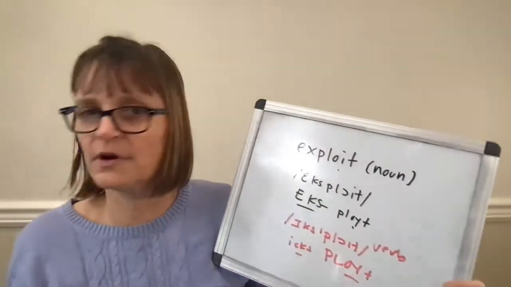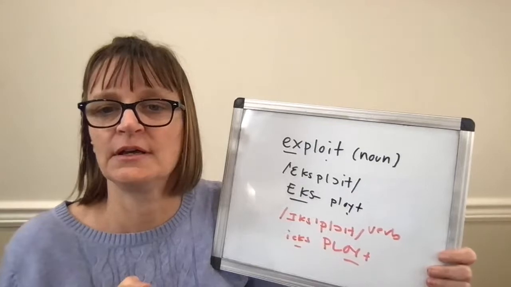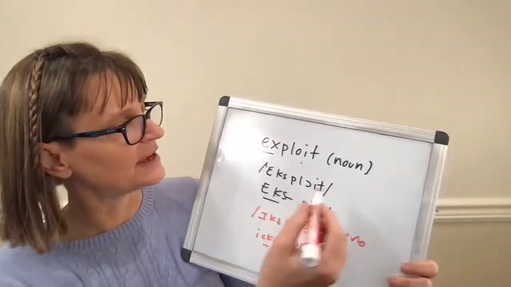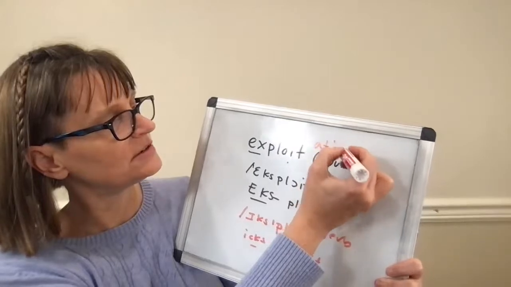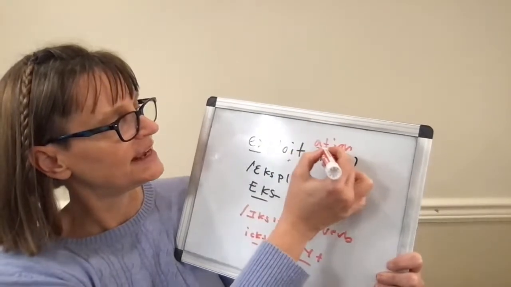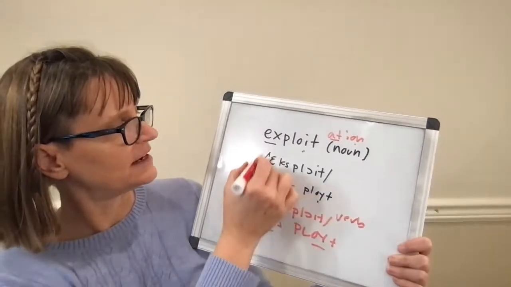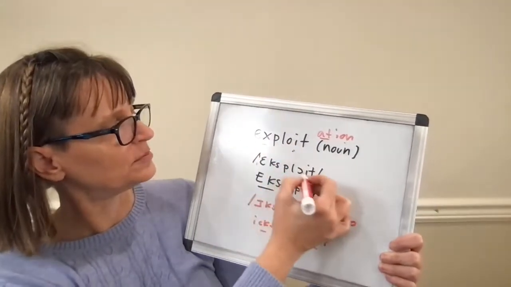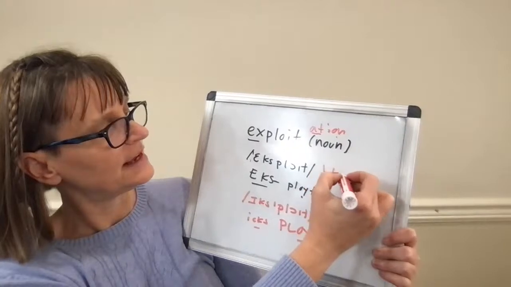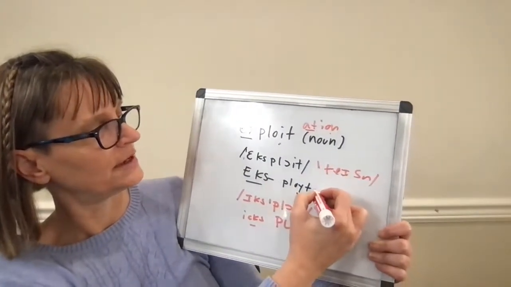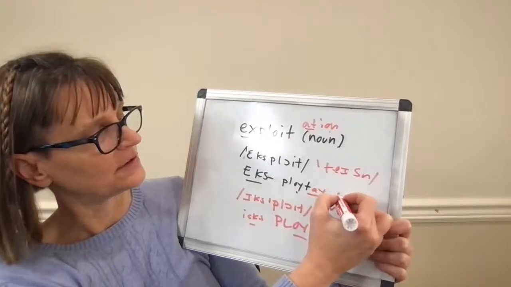And then for exploitation, we stress on the ation syllable. Exploitation. So you would have secondary stress here, and main stress here.